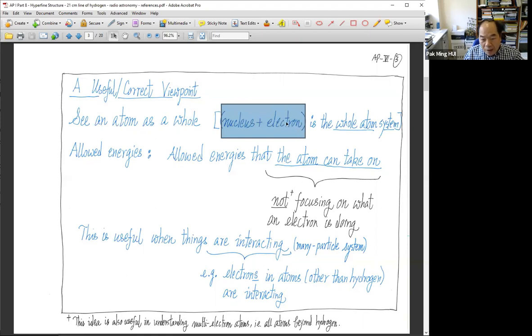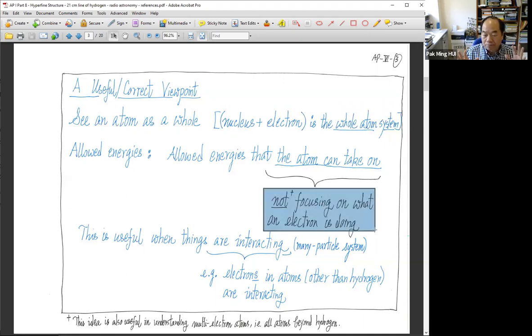We better think of this as a whole atom system, okay? Not only thinking about what the electron is doing. Instead, we should think about this atom, okay? Many things inside, and then we ask, what are the allowed energies for this atom?